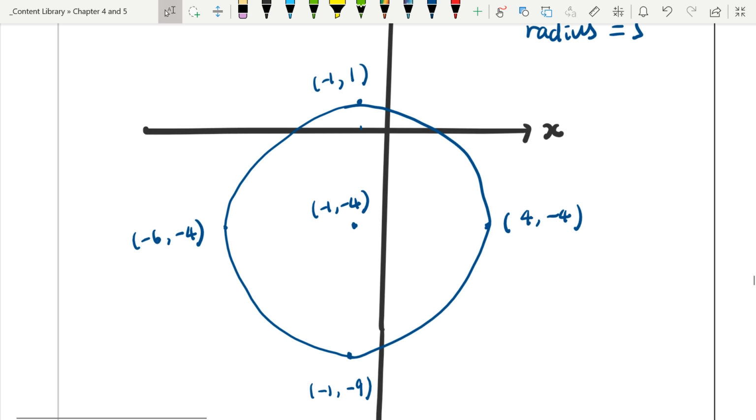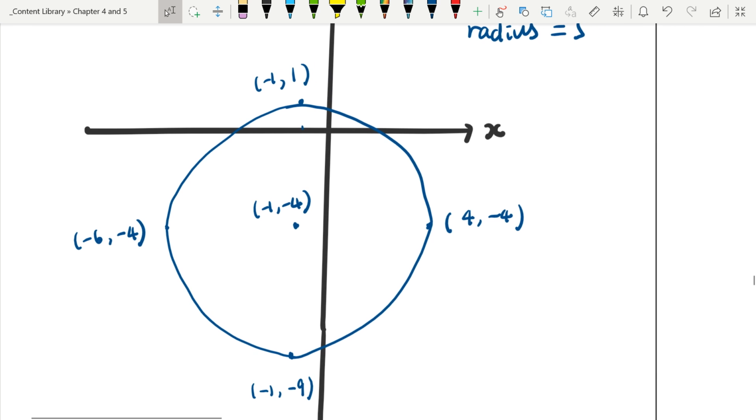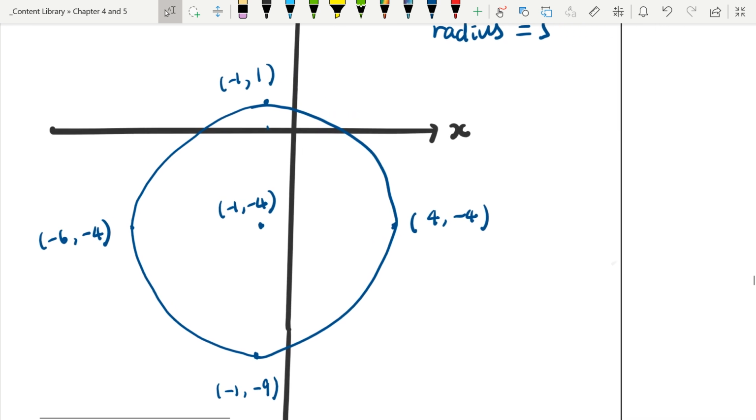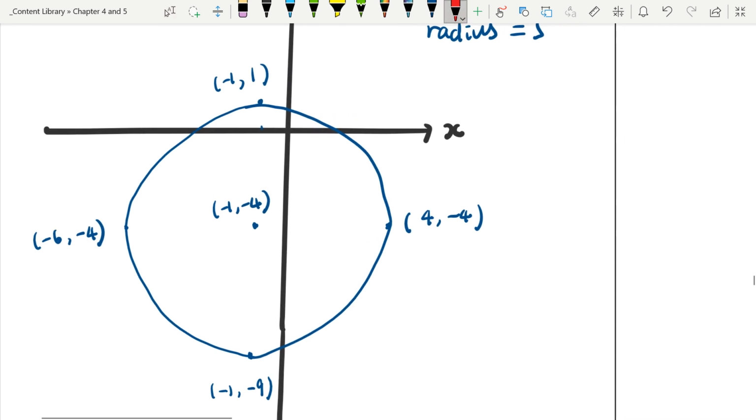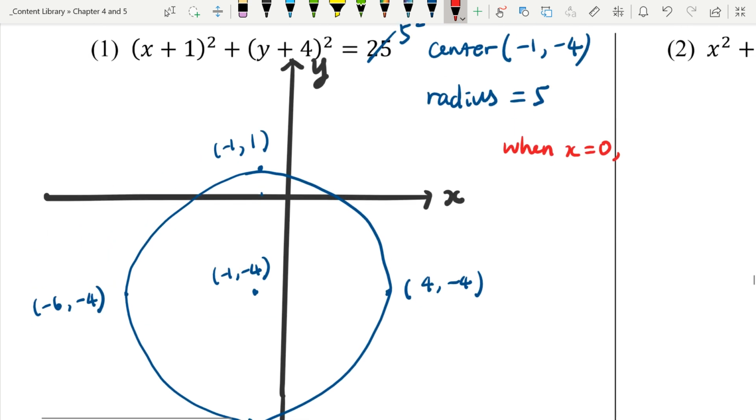How many xy intercepts can you see here? How many x-intercepts? 2. How many y-intercepts? 2. So you can see 2 and 2. You need to solve out 2 x-intercepts and 2 y-intercepts. So we will make x equals to 0. Okay, this one is a little bit harder to solve.